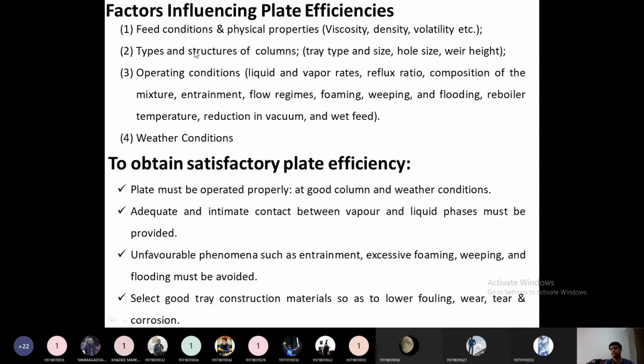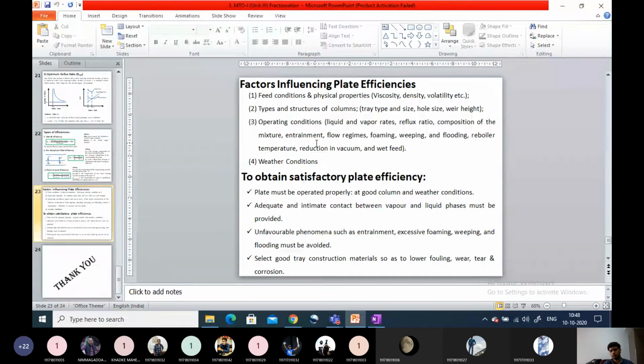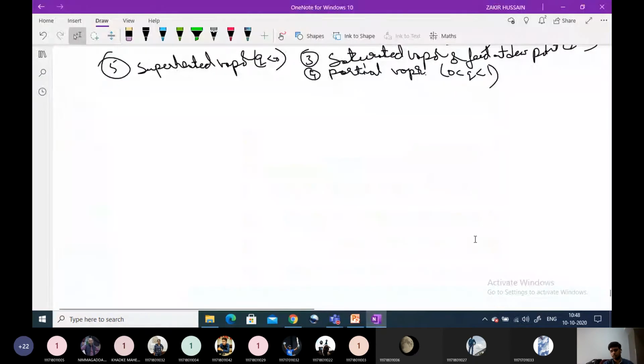Then the next one is types and structures of column. Usually the columns are cylindrical, but the structure of the plates inside differs. There are a number of plate types, like sieve plate trays, which are perforated trays, or bubble cap trays. So what is the role of these bubble caps, or of these perforations? What is the role of a plate?